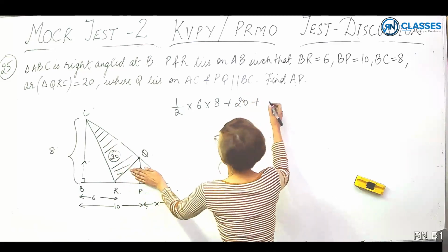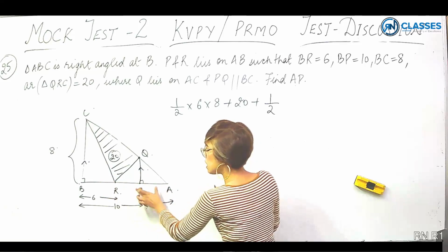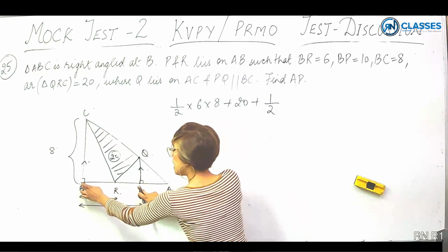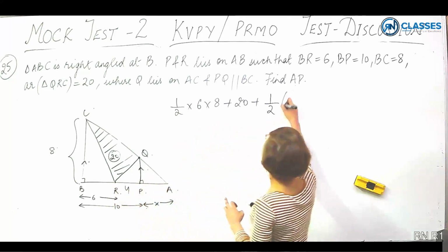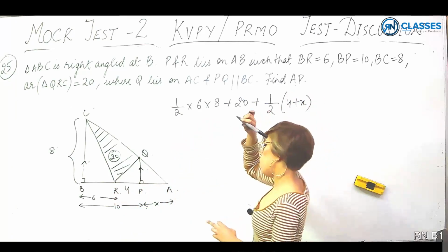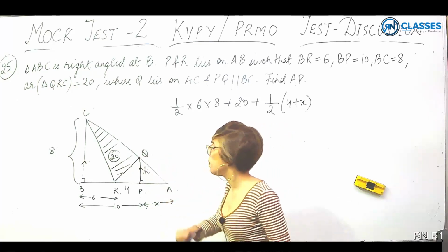Plus area of this triangle, half, base is this much, this is x, this is 10, this is 6, so this is 4, so this base is 4 plus x, into height. I don't know the height, so let me just write it as h, we'll see whether there is a relationship between h and x.